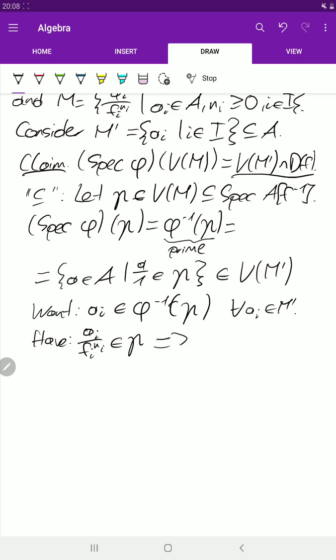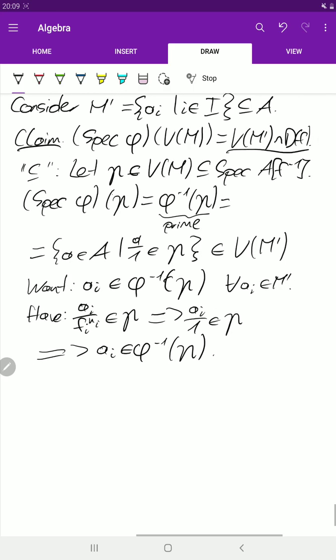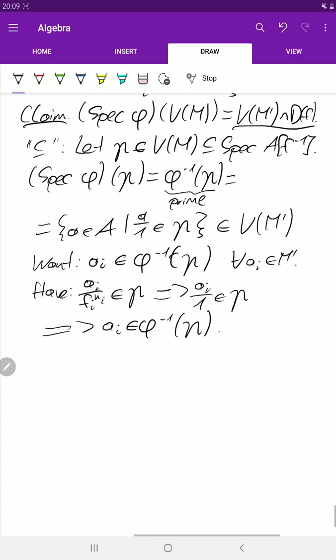So we get that a_i over 1 is in P. So that means just that a_i is in phi inverse of P. So that's what we wanted to show. So we have that inclusion, and now let's prove the other inclusion.